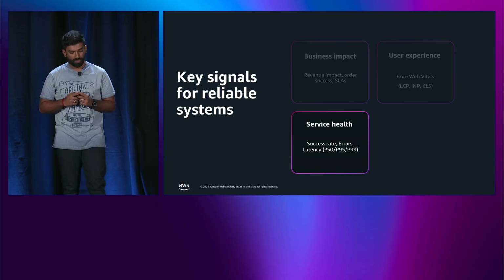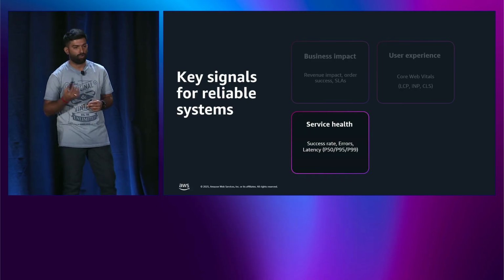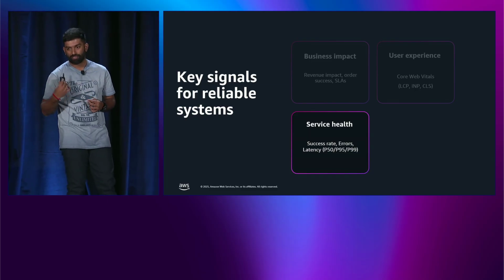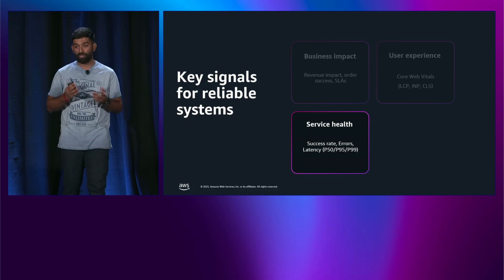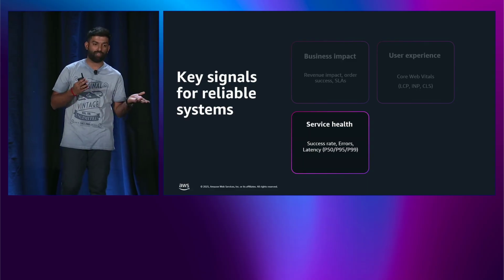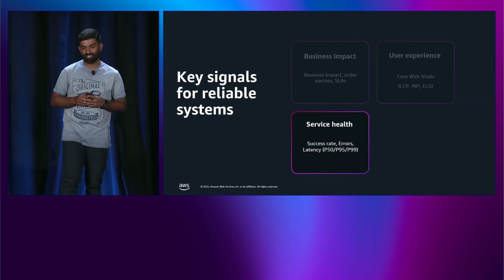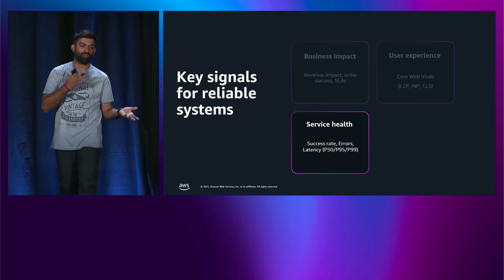The next set of services are your service health metrics. So these are metrics such as the number of requests, about how the service is handling the requests, or how many errors it is observing, or your latency, your P50, P95, or P99 percentiles, right? So always use percentiles. Don't use averages, because averages can hide your bad customer experiences.